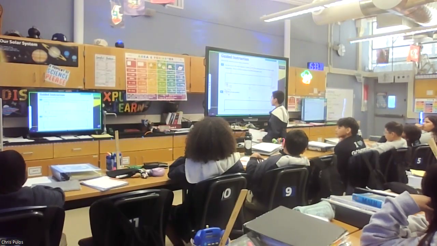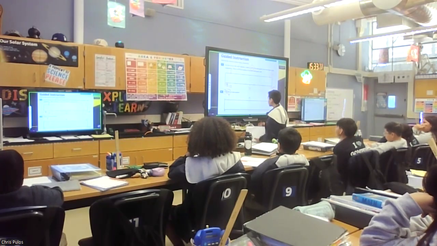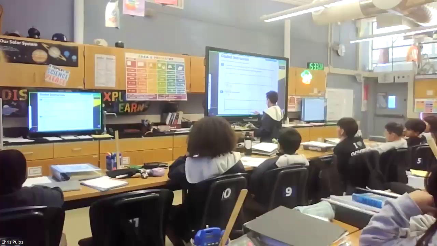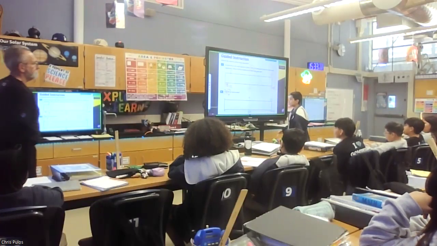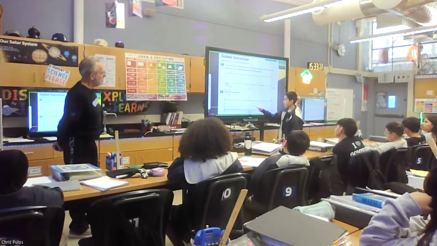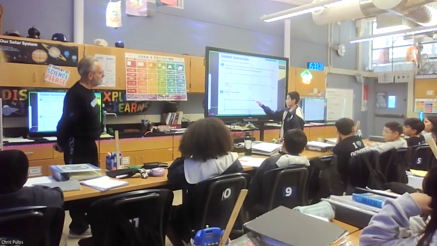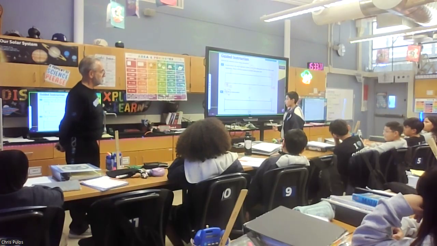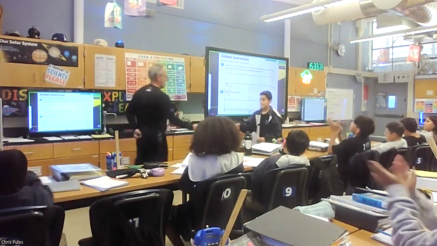Still missing something. Now, explain your answer to the class. I got 50 because since it says 50%, 25 equals 50%, so I could just times 25 by 2 and then we get 50. Because 50 times 2 is 100%. Very good. Give him a round of applause. Good job.